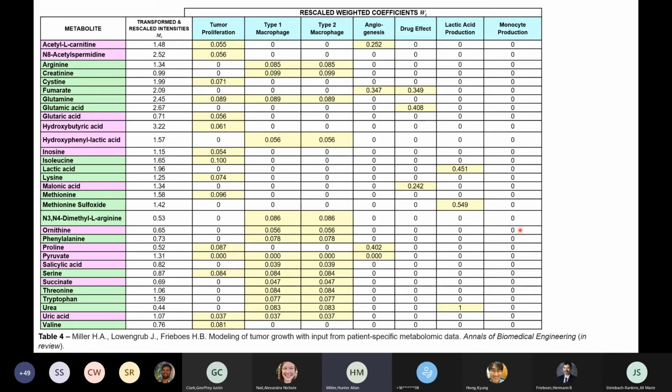So metabolites highlighted in green here are believed to promote tumor control, and metabolites in pink are thought to promote tumor progression. The direction in which each metabolite affects the model parameters, either by increasing or decreasing the model parameter, is determined by this.